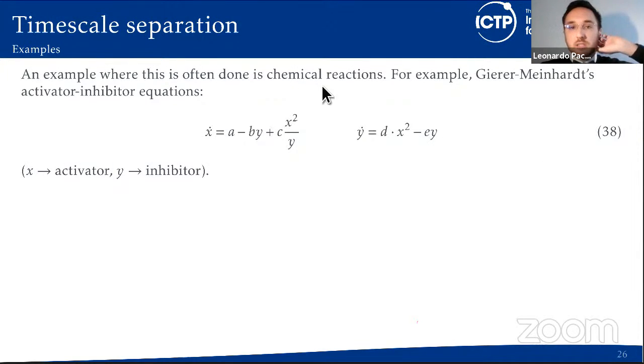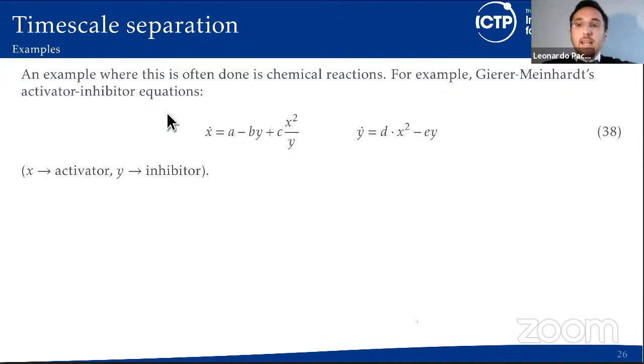These nonlinear equations describe the abundance of two chemical substances, X and Y, which are an activator and an inhibitor. For example, X and Y could be two proteins that either activate or inhibit a particular metabolic pathway or a particular metabolic reaction.